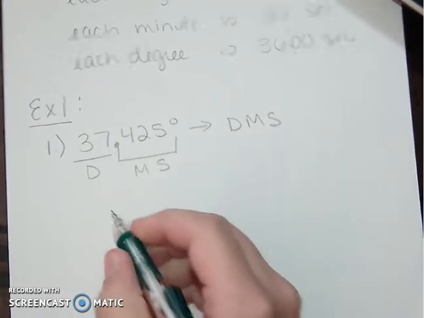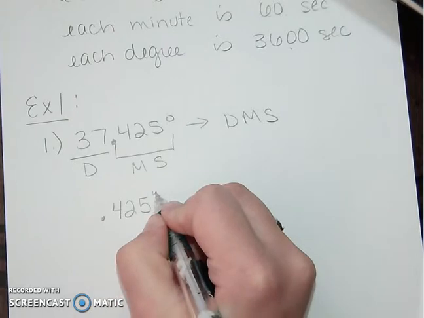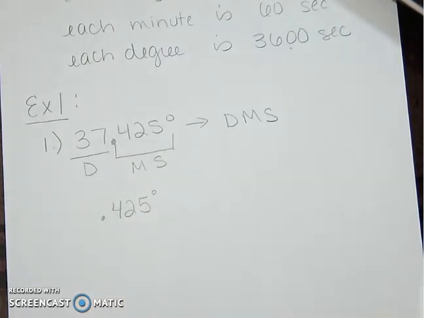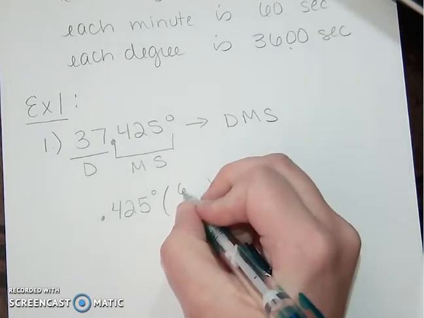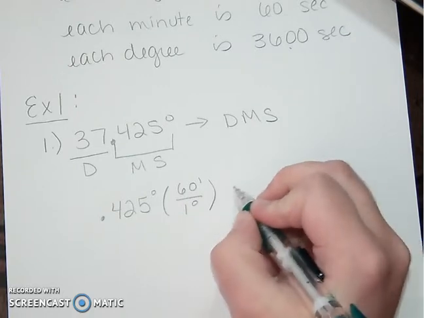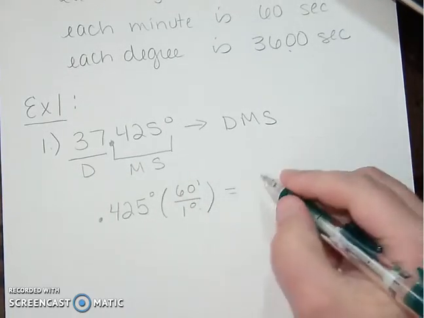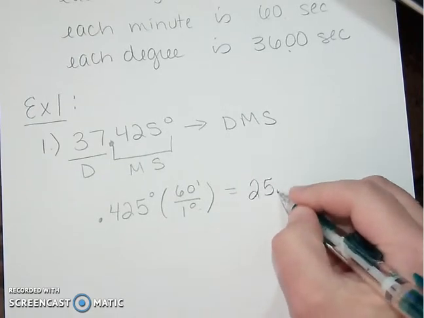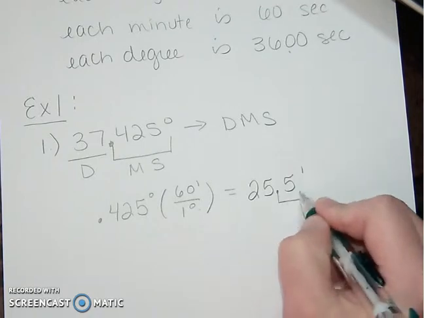The way we do that is just like any other conversion. We're going to multiply by whatever I need. If I have 0.425 degrees, to get it into minutes, I'm going to multiply by 60 minutes over 1 degree. This way, remember, our degree label would cancel out. And this gives us 25.5 minutes. Now I have this little decimal left.